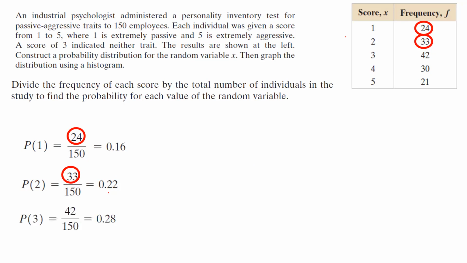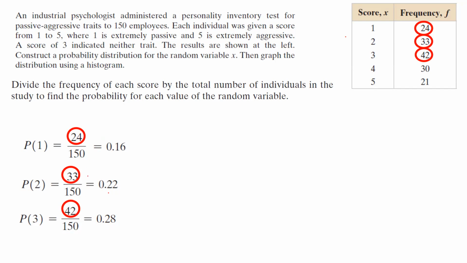Let's move on to the next probability. Probability of score 3 is 42, which is the frequency of score 3, divided by 150, which is the total number of employees or people who participated in the study. If you do the division, you get 0.28 or 28%. Again, compare these numbers.